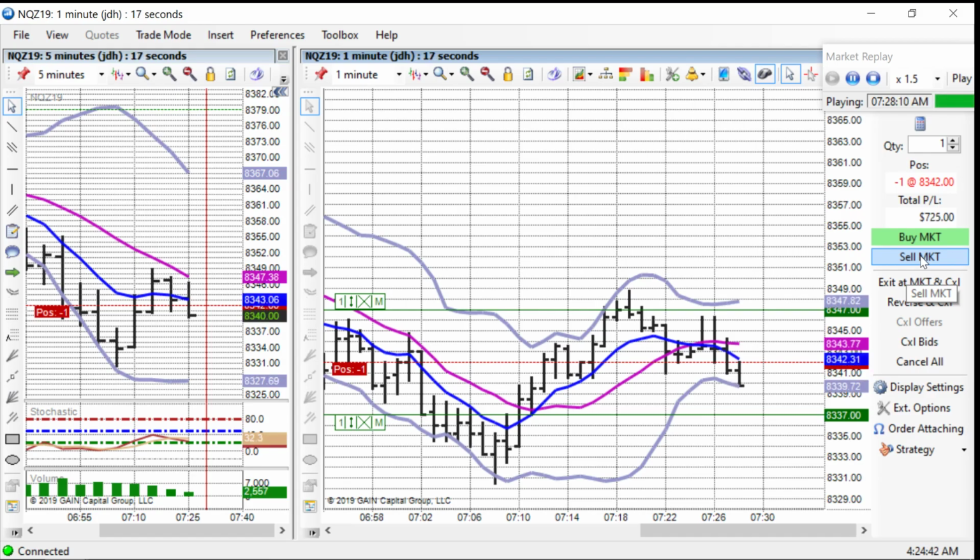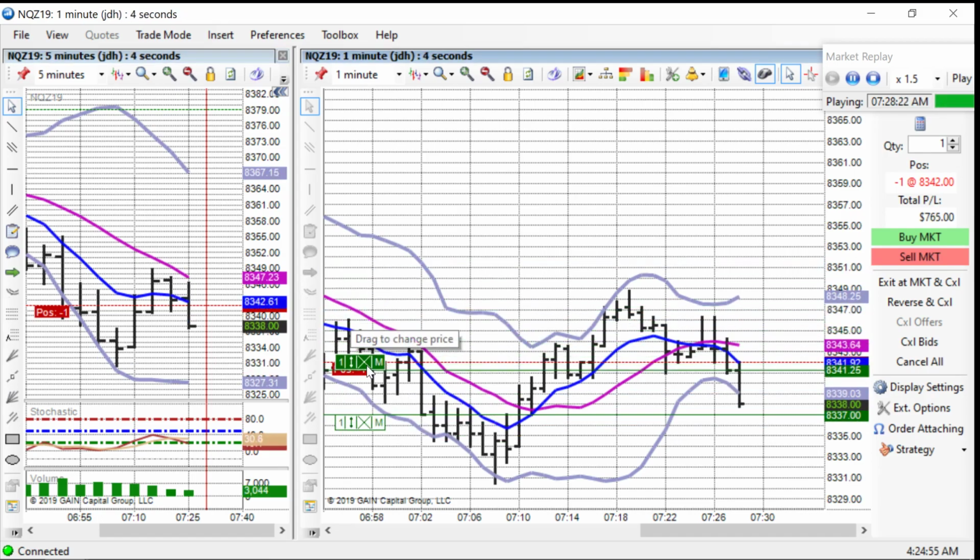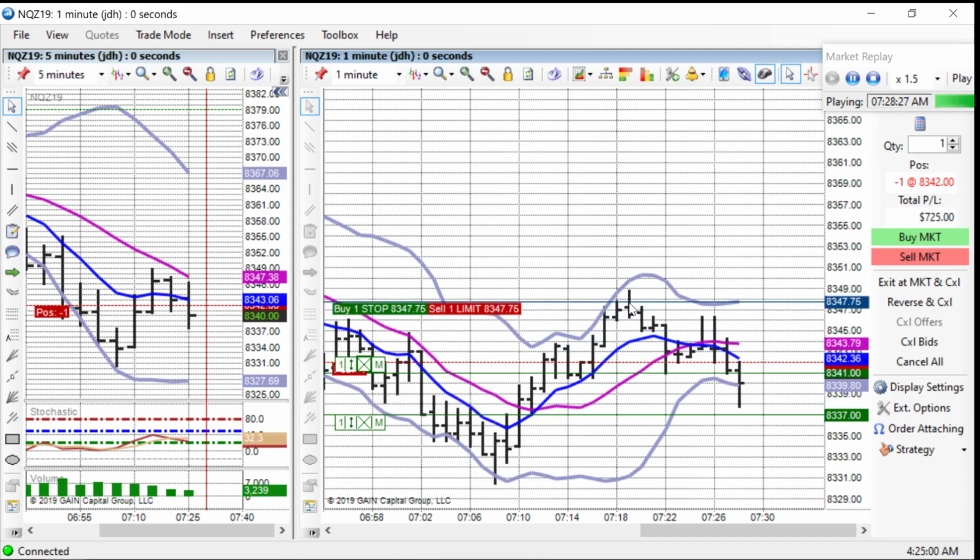It's starting to slope downward. See, just by noticing these formations, I'm able to spot these trade opportunities. That's why you want to be aware of this.